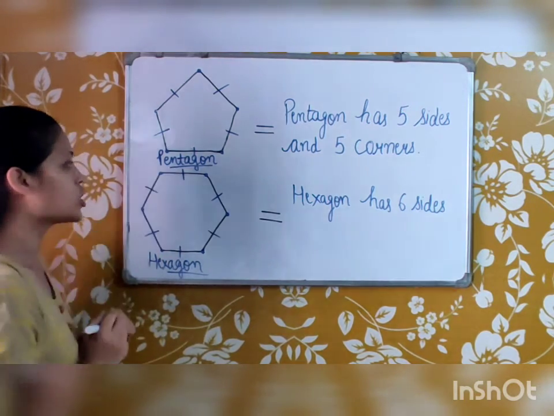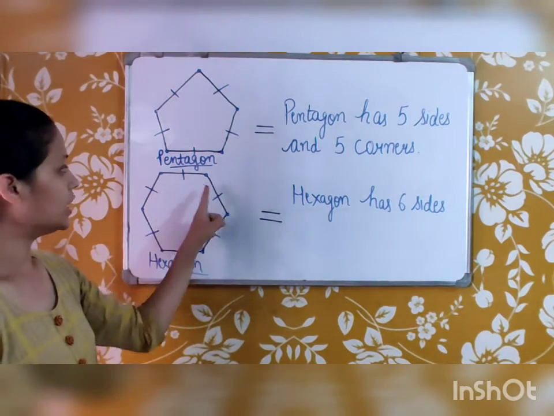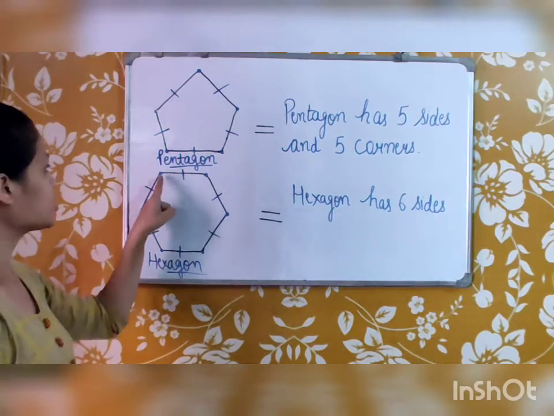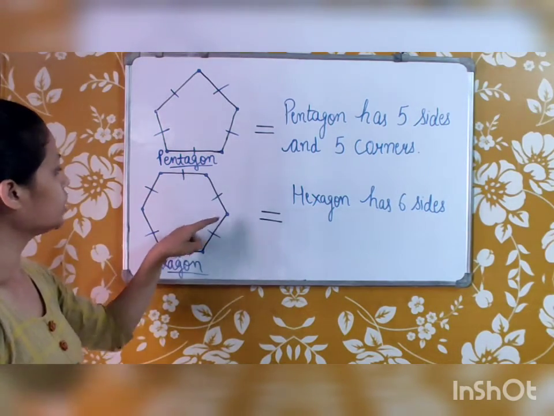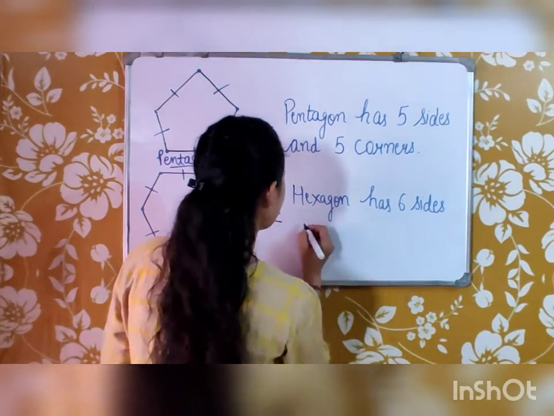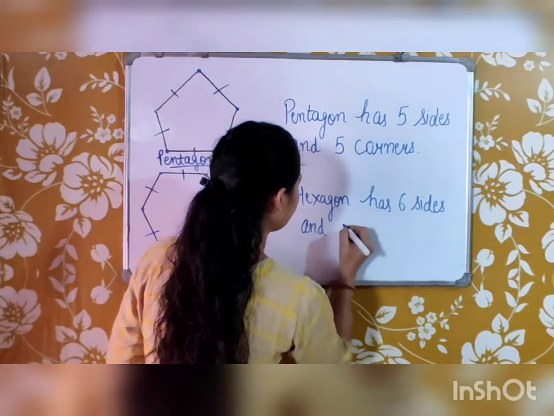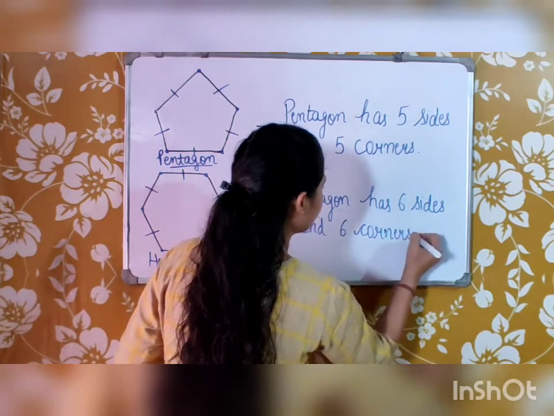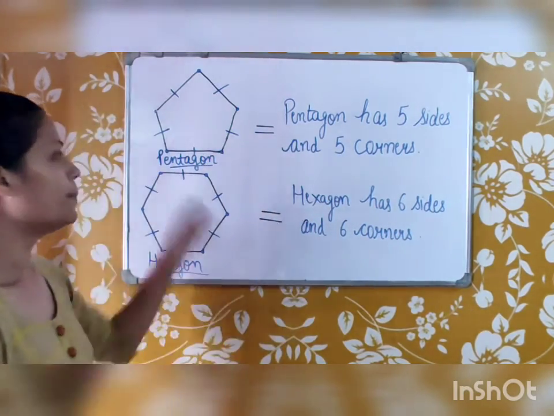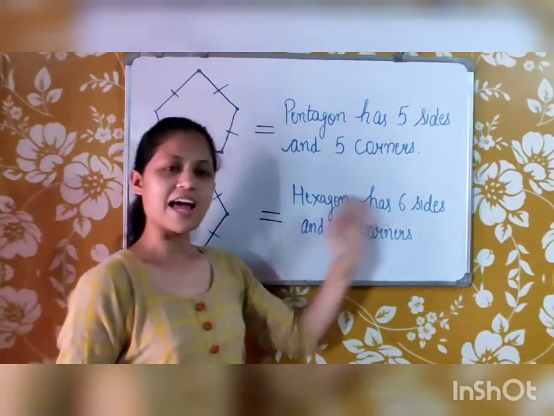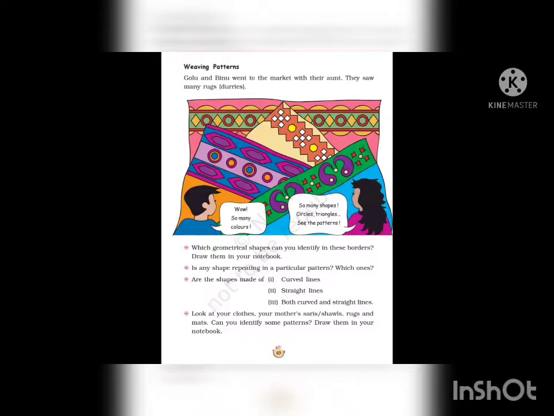So hexagon has 6 sides and 6 corners. Pentagon has 5 sides and 5 corners and hexagon has 6 sides and 6 corners.